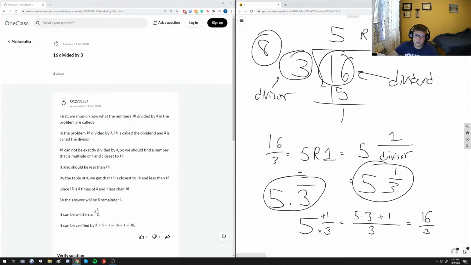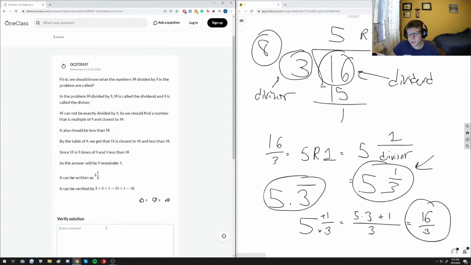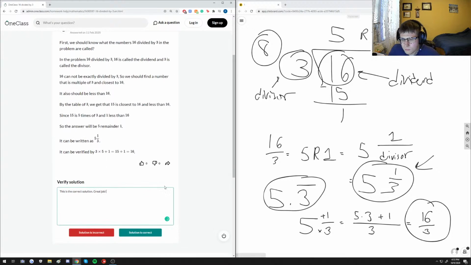That's the same thing as 16 divided by 3 in improper fraction form. So that's how we know that 5 1/3 is the correct answer, and here it's done the same way. So this is the correct solution. Great job. And that concludes number 8.